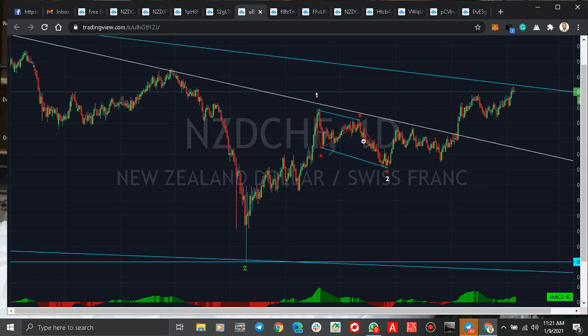You can see ABC, wave 2. Then what happens determines whether I will change the count or I will count it as wave 3. If I see a sharp move like this from here, then definitely I will consider here as wave 3. And next I will look for wave 4. But for now, I'm just keeping my eyes on what happens here.